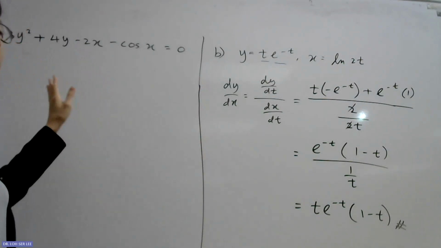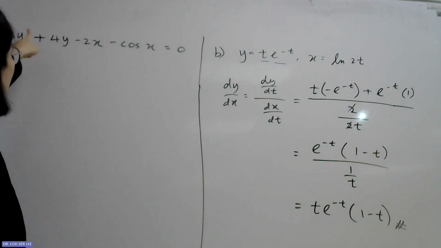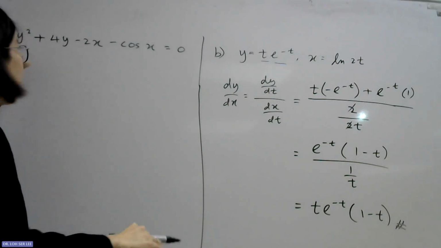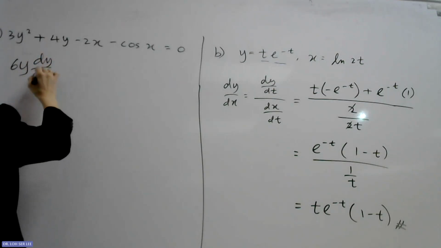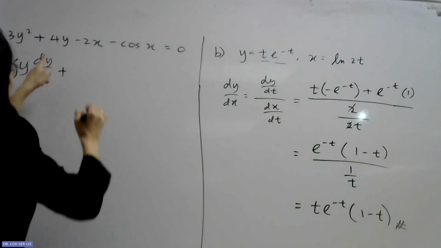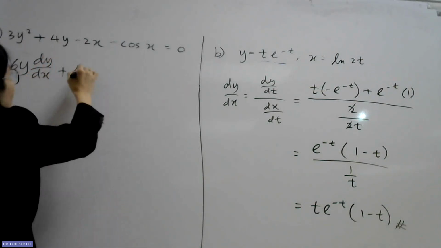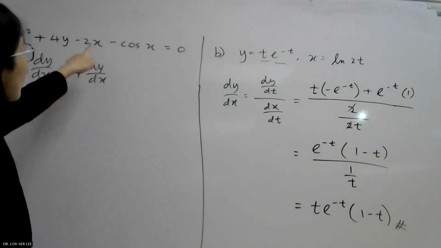Okay, now C, have you done C? 3y squared, this is y. So we differentiate 3y squared, we get 6y dy/dx. Then plus 4y, we get 4, but because of the y, we have dy/dx.